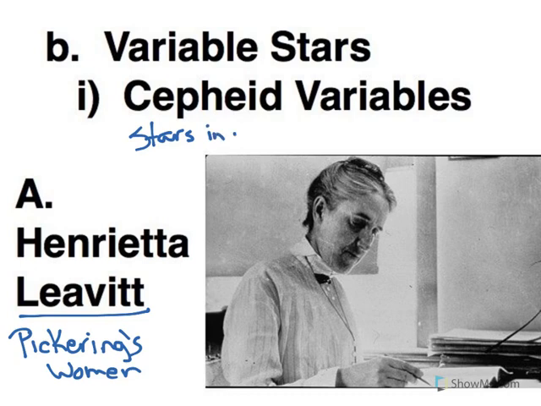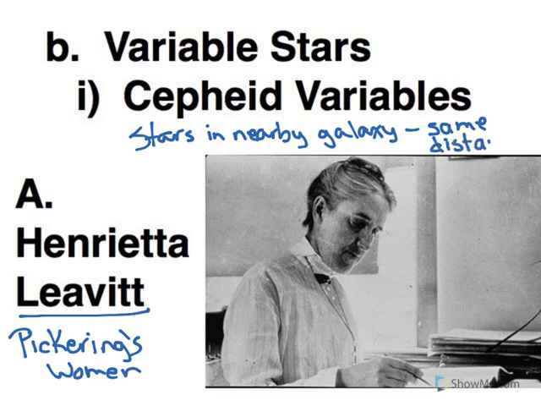What was nice about that is that they were all the same distance away, since they were all in that same galaxy. So issues of, well, is that star really bright or is it just closer than the other star, are erased when you're looking at things that are all the same distance away.